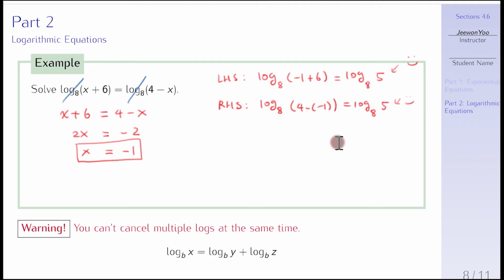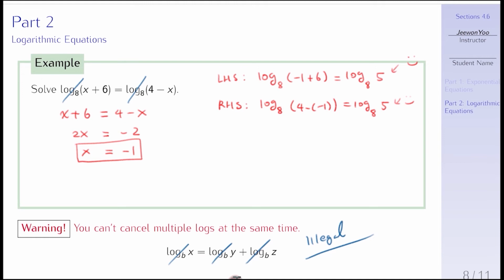Here's a warning though. Suppose you have log base b of x equals log base b of y plus log base b of z. You cannot, this is illegal. You cannot cancel one log on the left while you're having 2 logs on the right. You cannot do this.